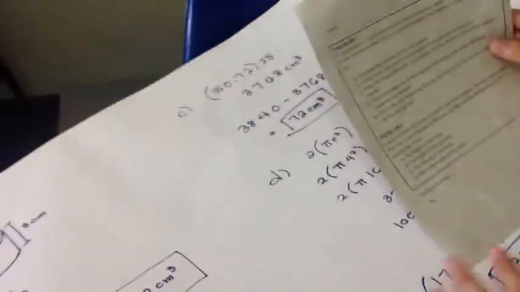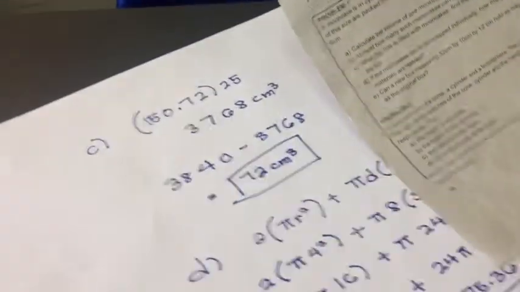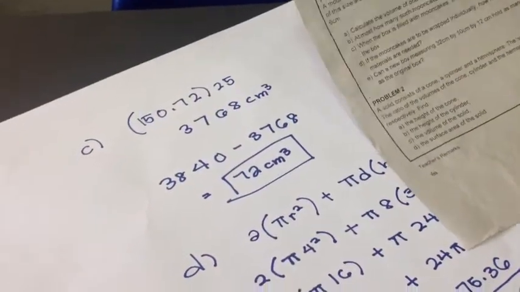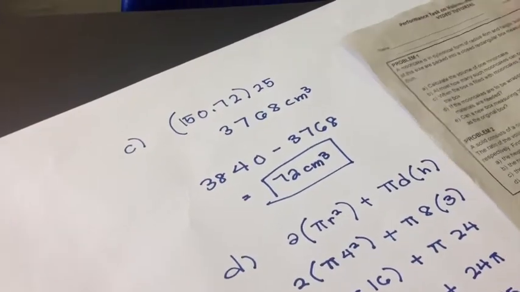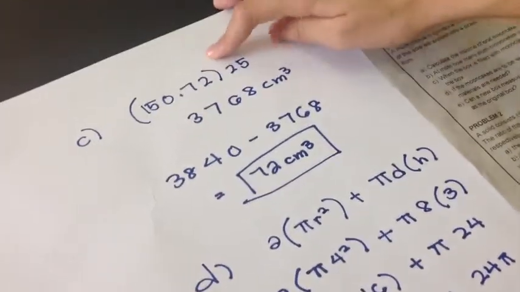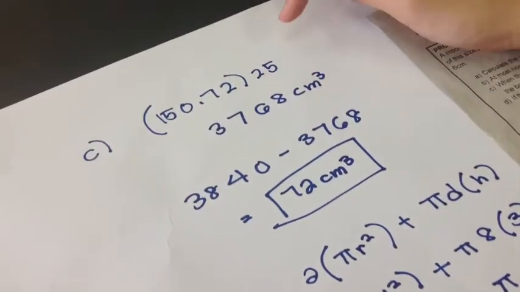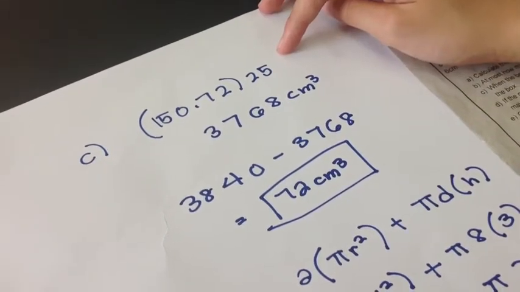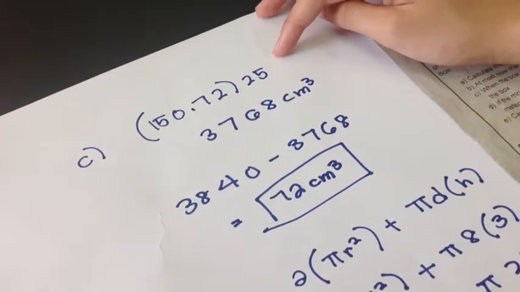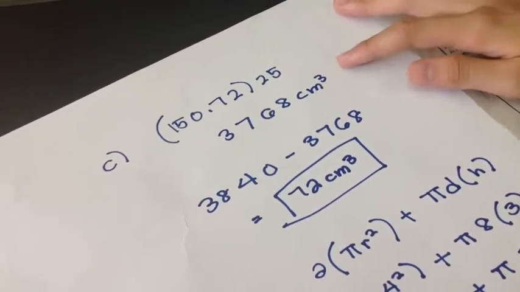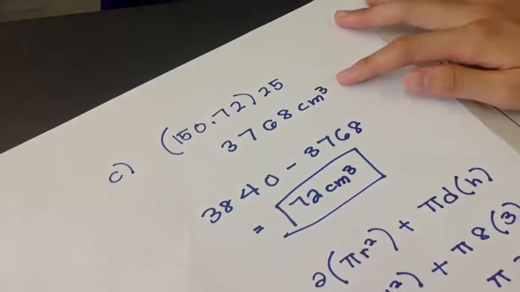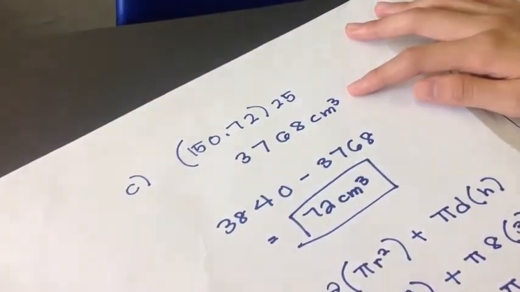Our third question would be, when the box is filled with mooncakes, find the volume of the empty space in the box. So here we multiply the volume of one mooncake times 25 in order to find the total volume of all mooncakes in the box, and that is 3,768 cm cubed.